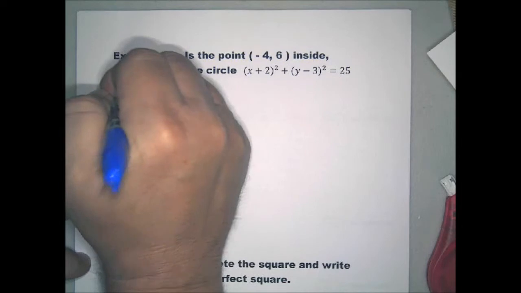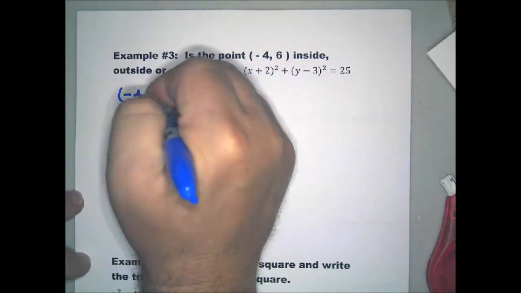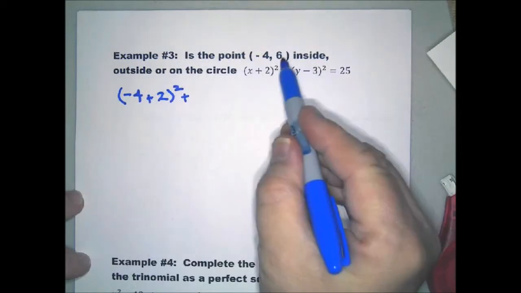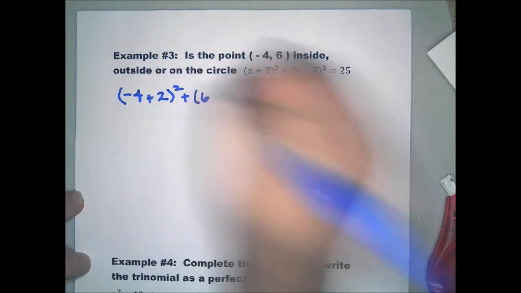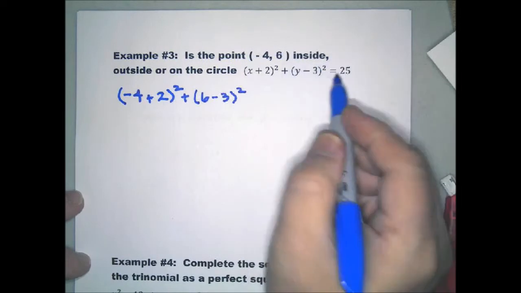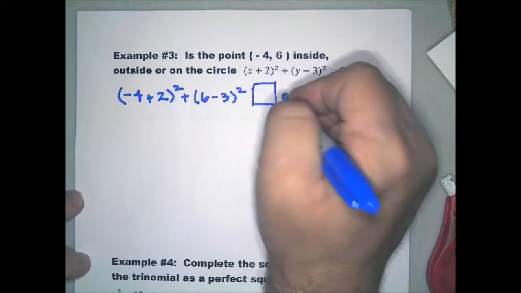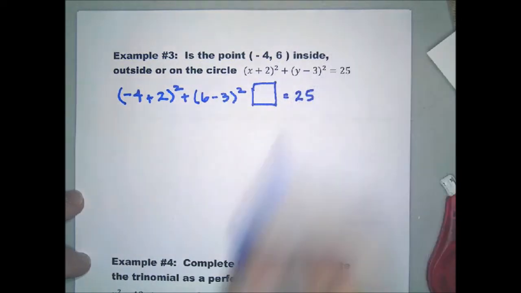So that would be -4 plus 2 squared. And then we're going to do the same thing. We're going to plug in a 6 where we see the y. 6 minus 3 squared. But instead of putting an equal sign, I'm just going to put a box, because we really don't know if it does equal 25 or not.